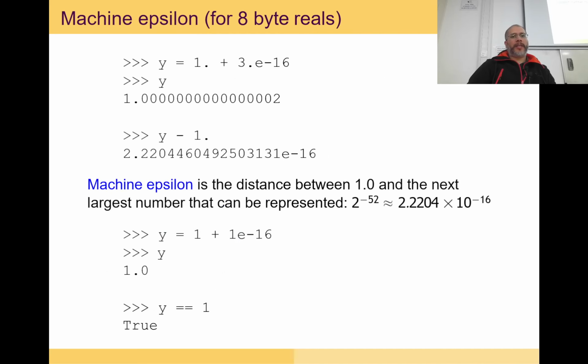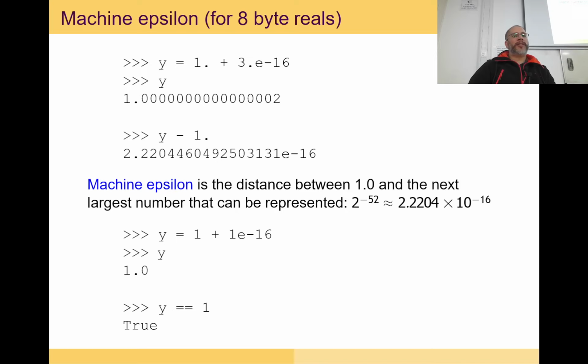So this is just a test of that. In Python, if you take 1.0 and you add a very small number, in this case the number is slightly larger than machine epsilon. So machine epsilon is 2.2 times 10 to the minus 16, and this is 3 times 10 to the minus 16. So if you add this and then you print the value of y, that is 1 point, and then in the end you have a 2. Now if you subtract a 1 from it, you get machine epsilon.